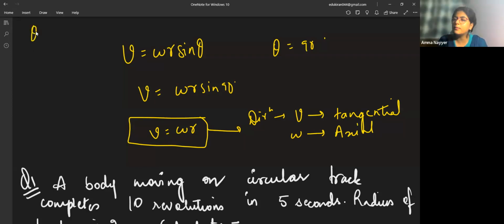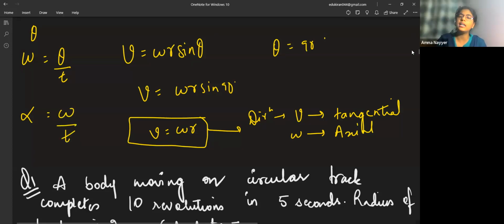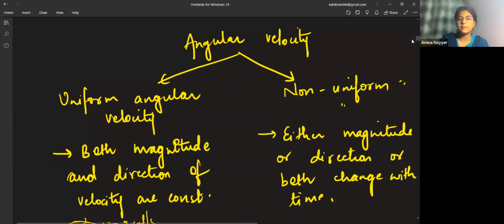Theta was angular displacement, so angular velocity becomes theta over t. Similarly, you have angular acceleration, alpha, that will become omega over t. Same thing, it's just that the analogs keep changing. There you had linear acceleration, now you have rotational acceleration, which we call angular acceleration.